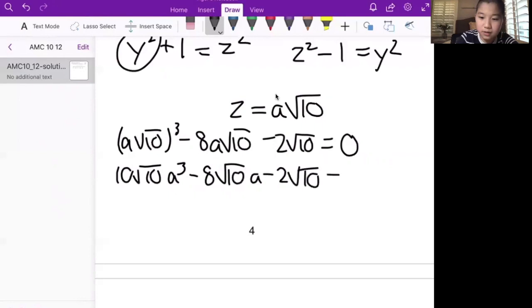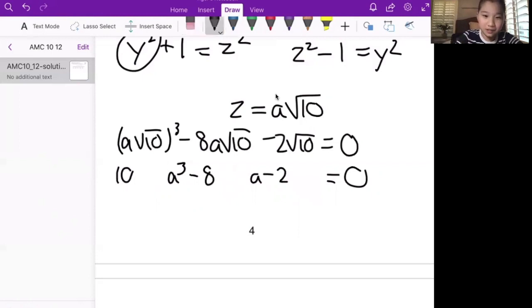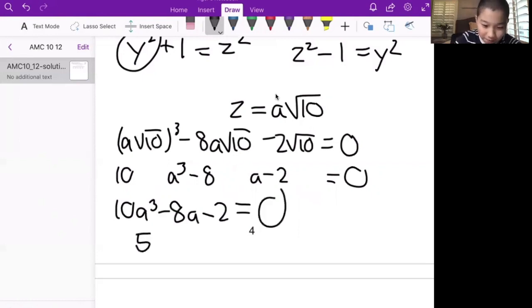Now what? This is even uglier than before. No, this isn't uglier than before. Let's divide out all the root 10s. Now this is way better. 10a cubed minus 8a minus 2 equals 0. Or 5a cubed minus 4a minus 1 equals 0.